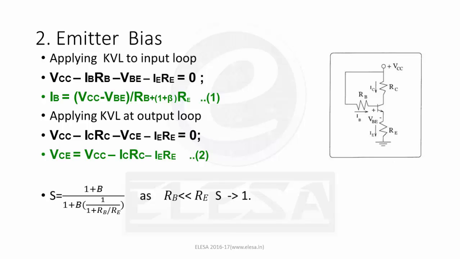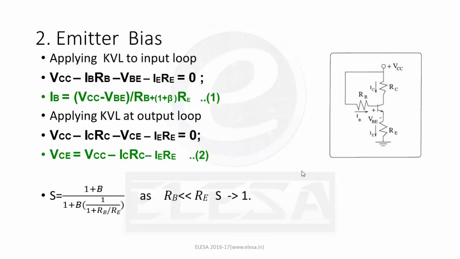The emitter bias method is introduced to improve the stability of the circuitry. In this method, simply an emitter resistor is connected at the emitter terminal of the transistor to improve the stability of the circuit.